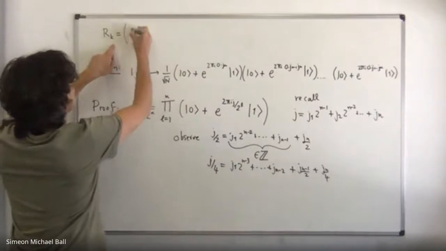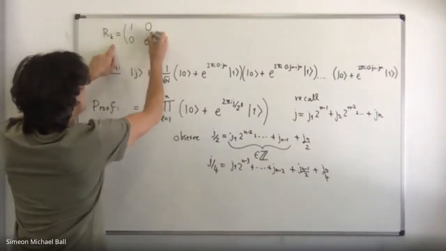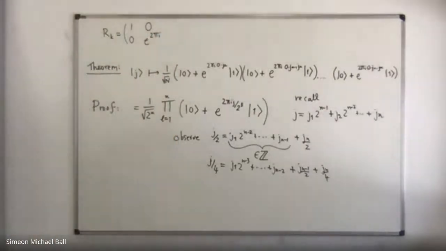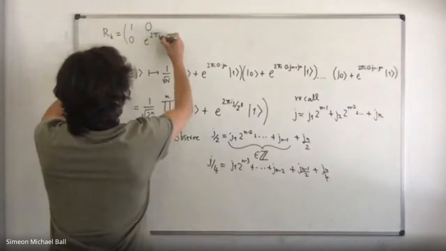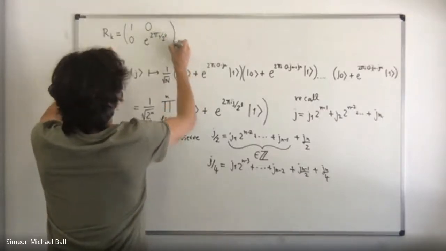Okay, so this is going to be 1, 0, 0, e to the 2 pi i divided by 2 to the k.